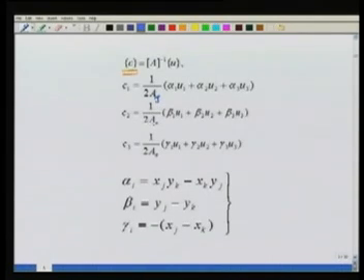Similarly, I can find C2 and I can find C3, where these alpha i's are given in terms of the 3 nodal coordinates. That is, alpha 1 will be x2 y3 minus x3 y2, where i, j, k are written in a cyclic permutation.